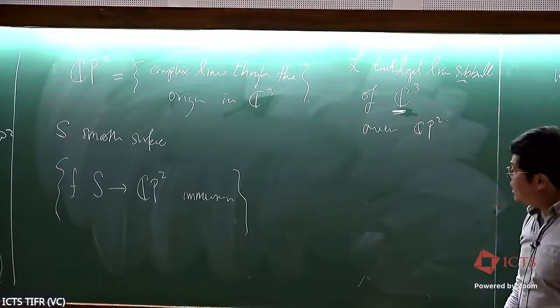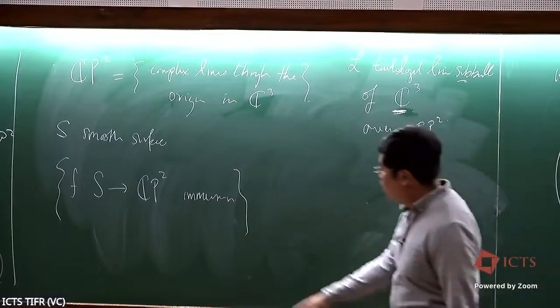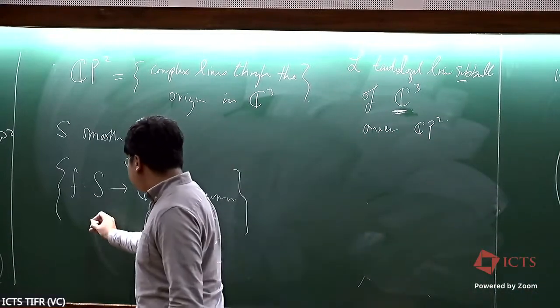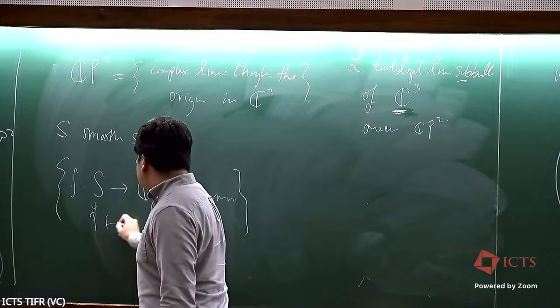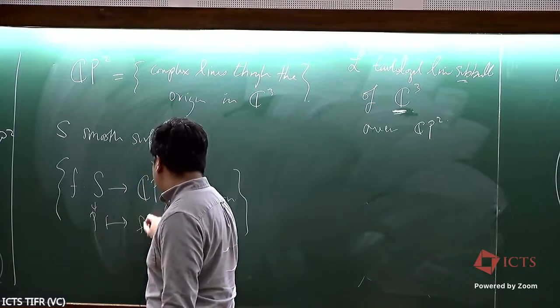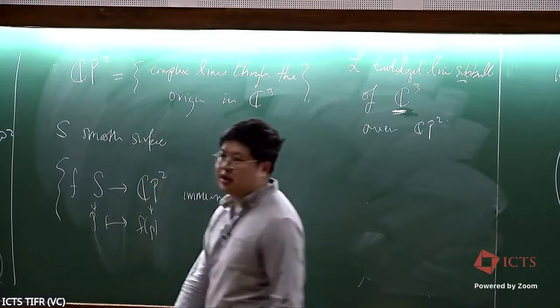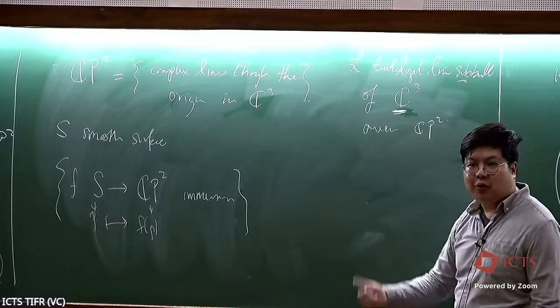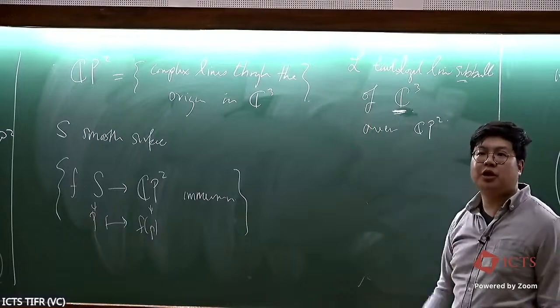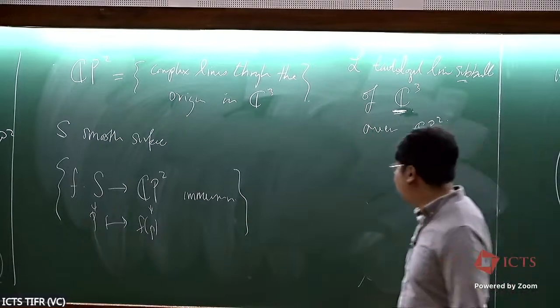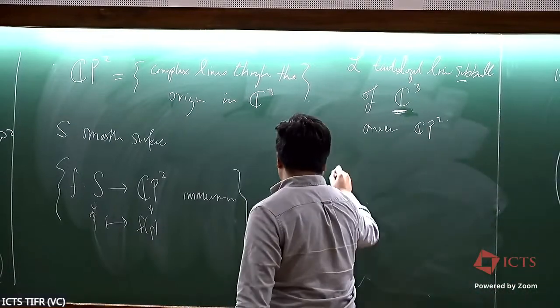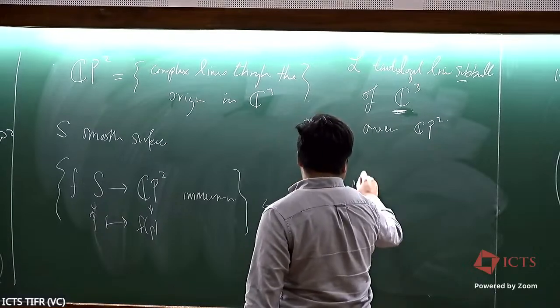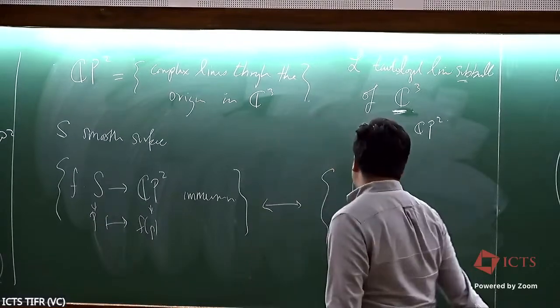So now let's think about what a map is. You take a point on the surface, and this gets sent to a point on CP2. That's exactly what a map is, right? But what is a point on CP2? That's, as we saw, a complex line through the origin in C3. So via pullback, I can pull back the tautological line subbundle.